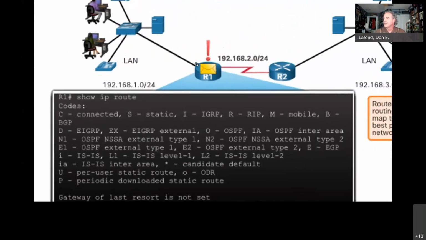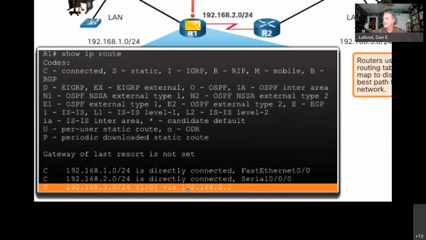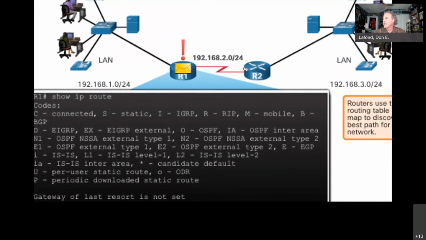The router looks at the routing table and sees the best path to get to that network. To get to this network, it must go to next hop 2.2. That would be 2.1 in the 2.0 network. Yeah, that's how complicated this module is. Of course, we get a little deeper, but that is the concept that we're going to review this week.